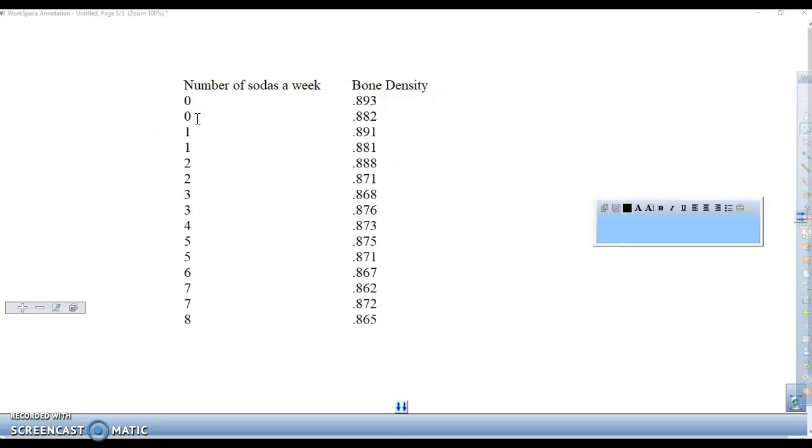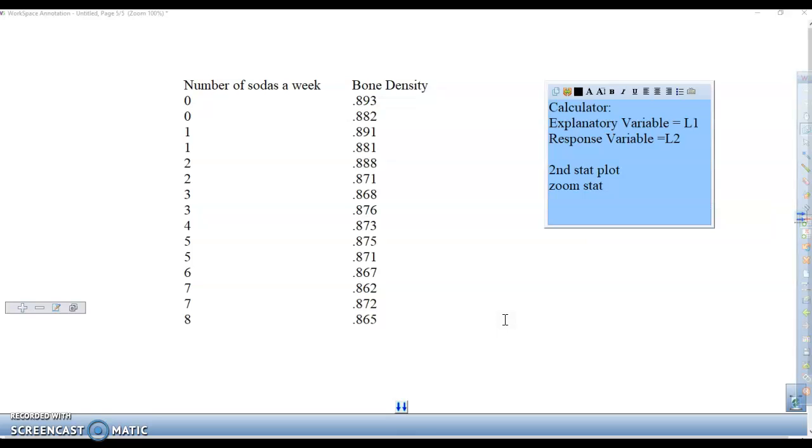The other person who drinks 0 sodas a week has a bone density of 0.882. We're going to go ahead, instead of using that formula, go ahead and do this on our calculator. So on your calculator, we're going to put our explanatory variable, in this case the number of sodas in a week, in L1, and we're going to put our response variable, or the bone density, in this case, in L2. So go ahead and take a second to do that.